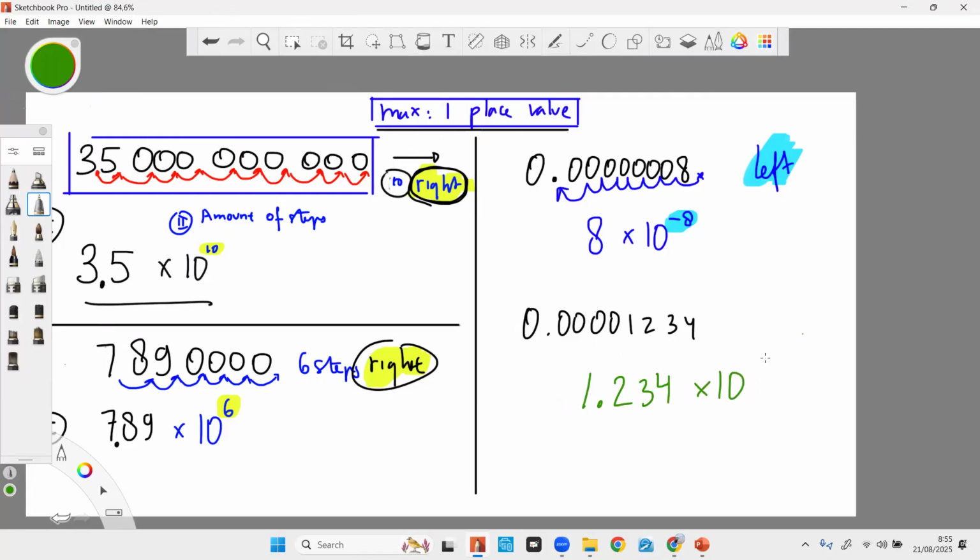Reserve the number first, and you only focus on the power. 1.234 is located here, right? How many decimal places do you have to move? 1, 2, 3, 4, 5. Negative 5. So 5 left. This is 8 to the left. 5 to the left. All good? Understand so far?